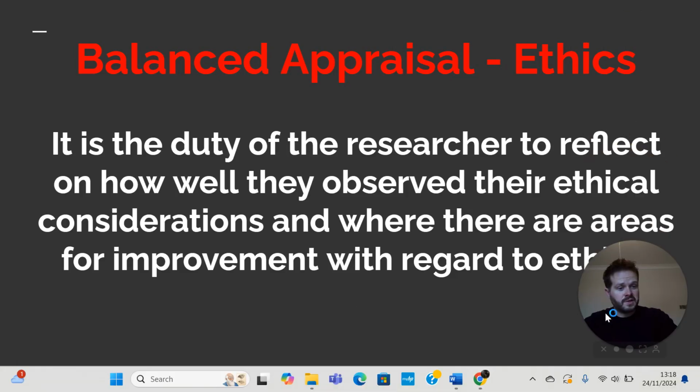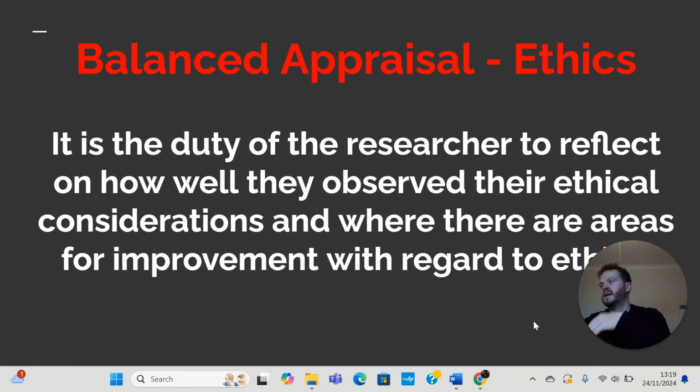You've also got to appraise your ethics, okay? And again, it's a positive and negative style thing. So with each of your specific methods, how ethical were you when you were in the field? There will be definite positives in terms of how ethical you are.